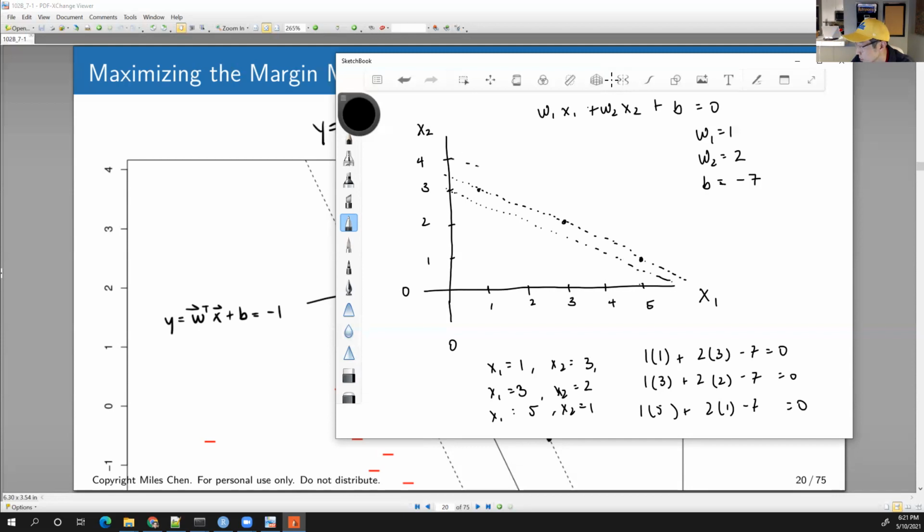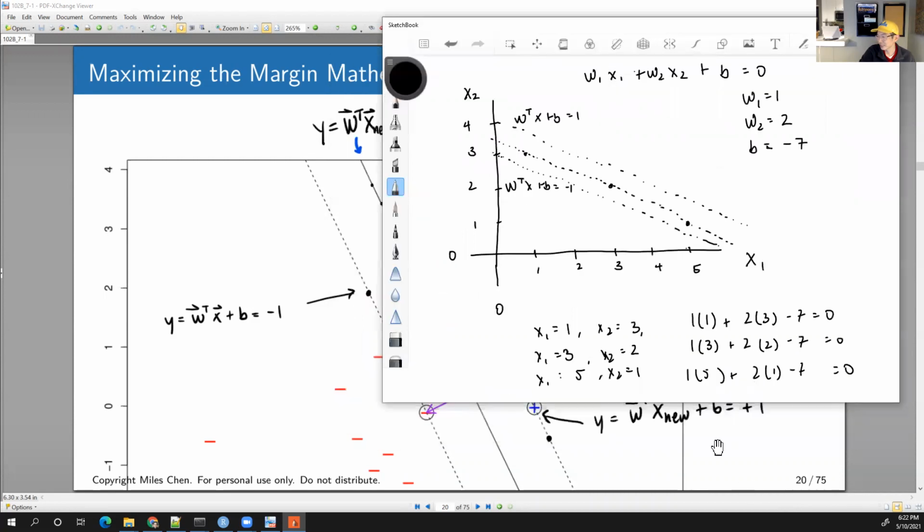And then we can have another parallel line here, where this is going to be W transpose X plus B equal to 1. And here I got W transpose X plus B equal to -1. Is that okay? I don't know if that's helpful as far as having an example here, right?